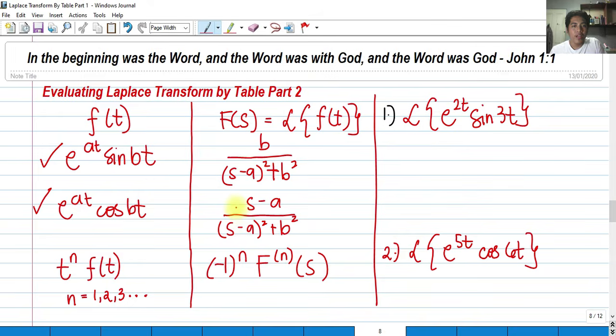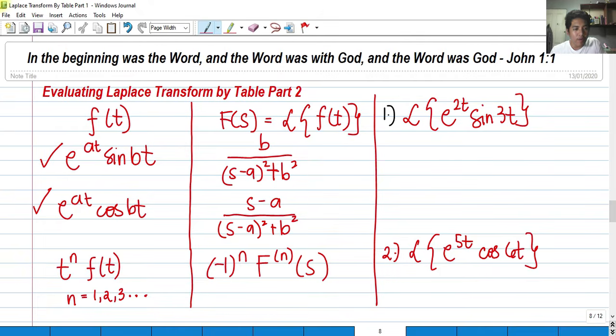The same is true for sine bt. If we evaluate the Laplace transform of sine bt alone, that would be b over s squared plus b squared. So the same for cosine, we have s here. In evaluating this trig function cosine, we would have only s here. But since this is now multiplied by an exponential function e raised to at, we have now s minus a over quantity s minus a squared plus b squared.